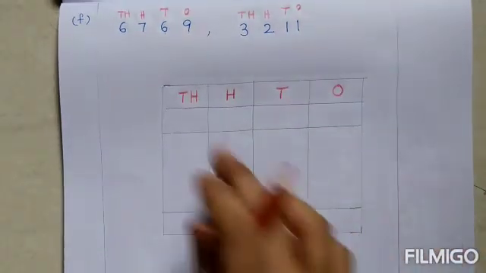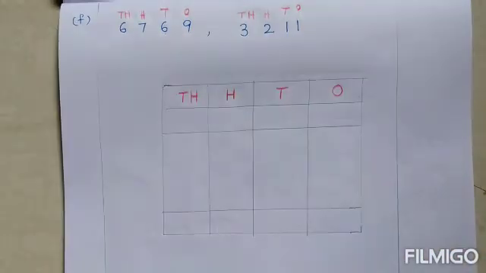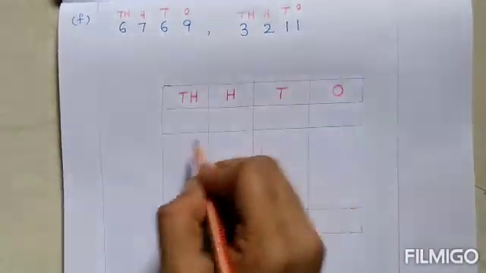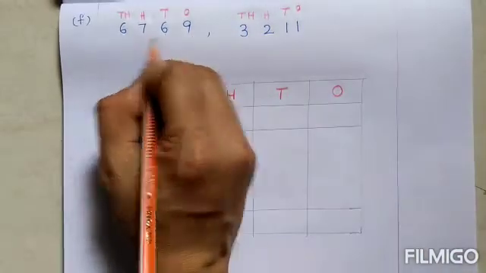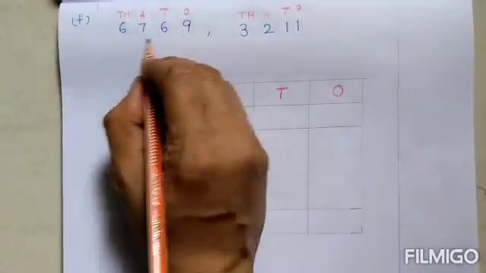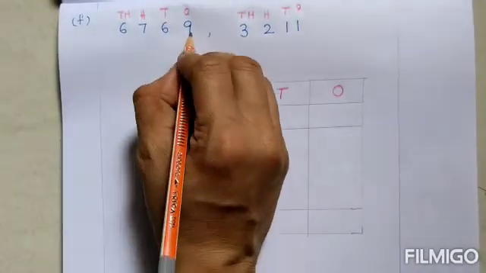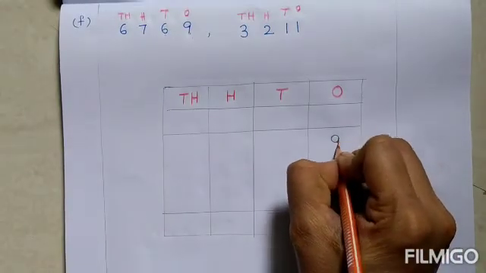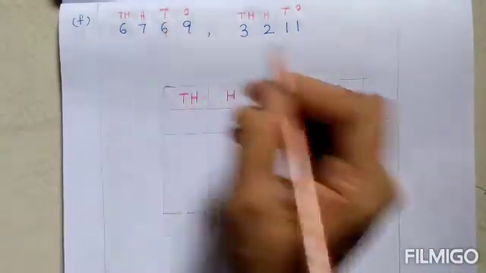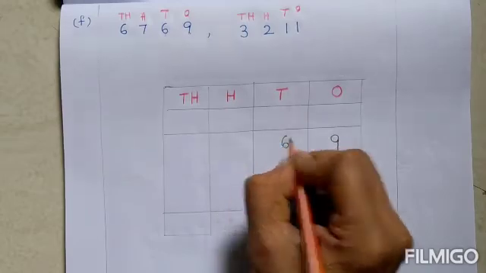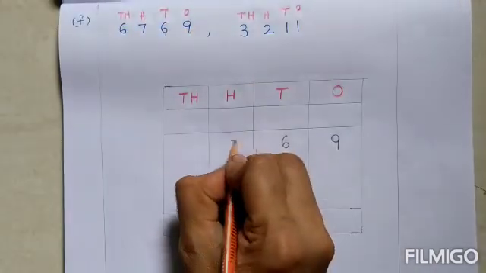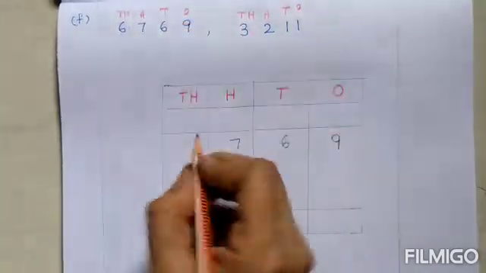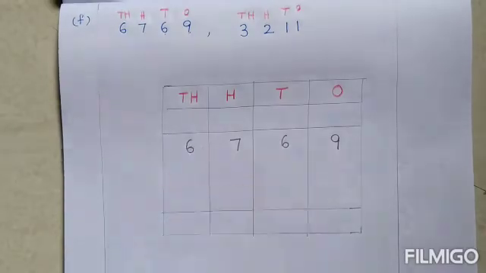Now according to the place values, we will place these numbers in this tabular column. Take the first number now, 6769. In this, 9 in ones place, 6 is in tens place, 7 is in hundreds place, 6 is in thousands place.